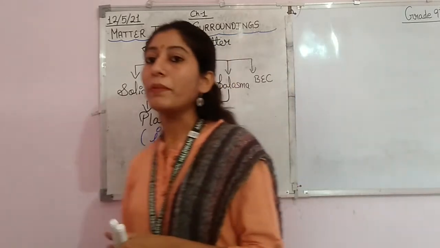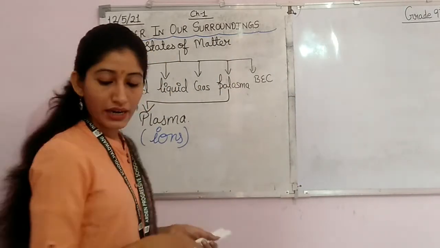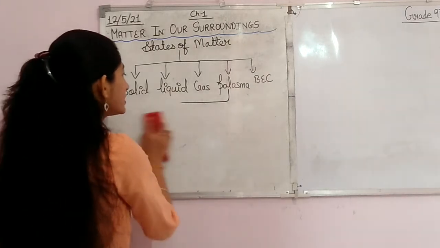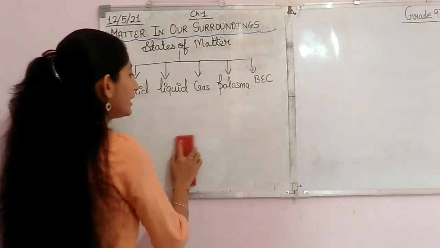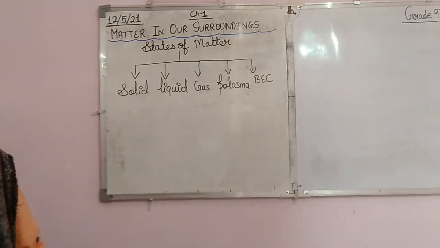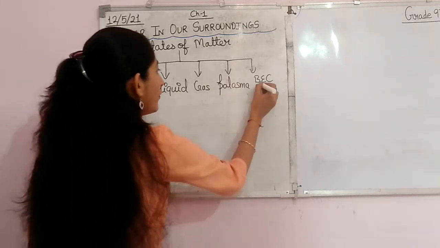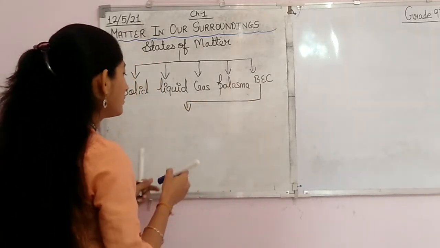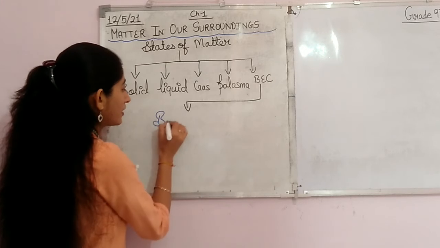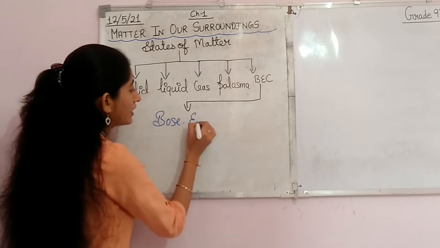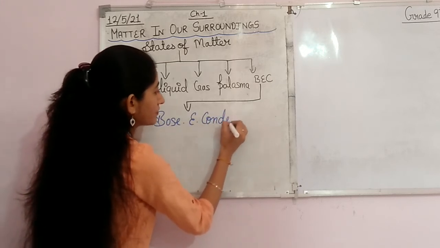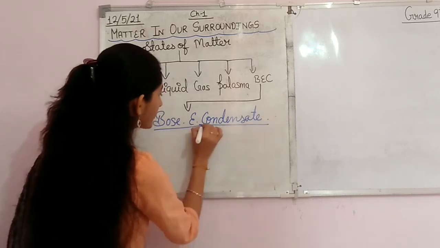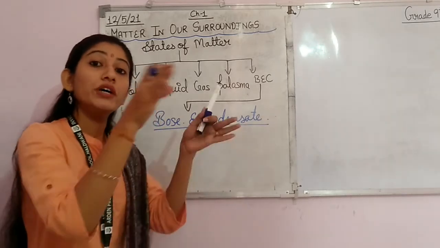Now when we talk about the Bose-Einstein condensate, we can say it is just the opposite of plasma. Why do we say that? Because in the Bose-Einstein condensate, the gas is super cool.